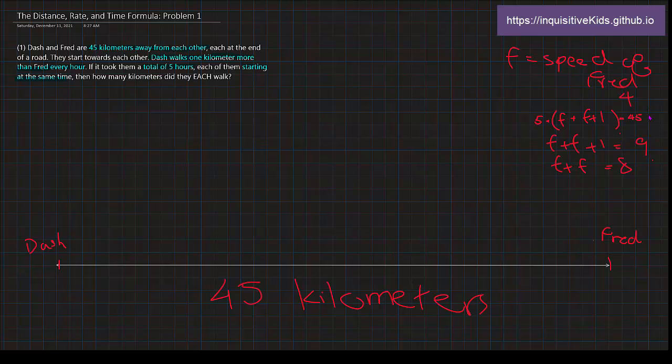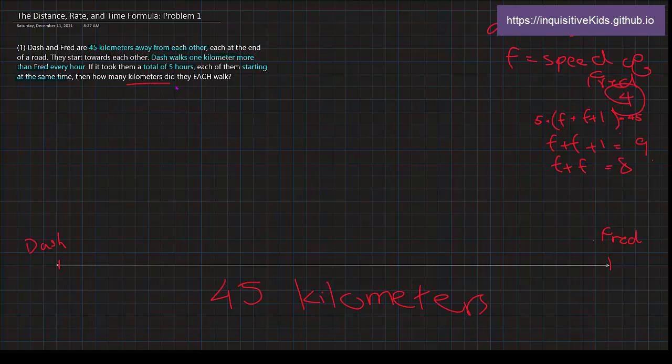So then that means that Dash's speed is equal to 5 kilometers per hour. So there we did it. We answered the question. Or did we?